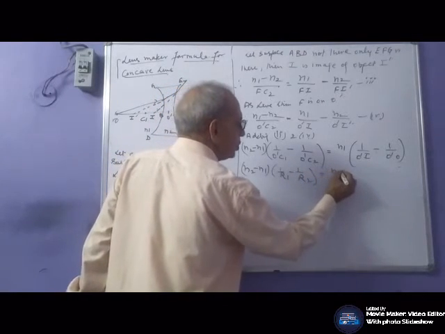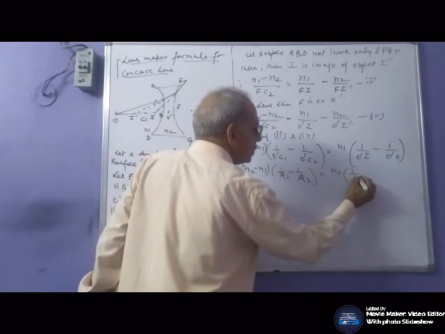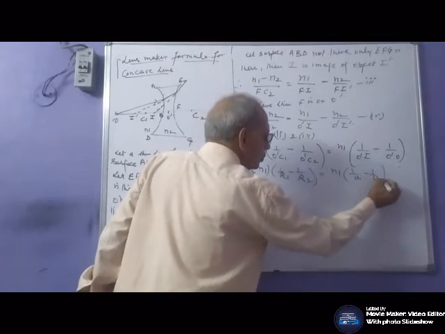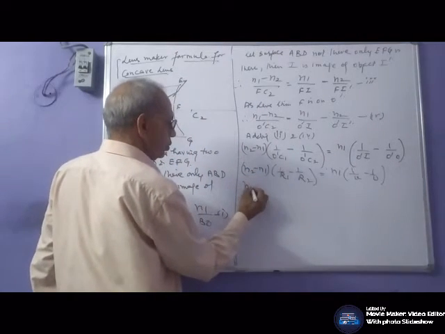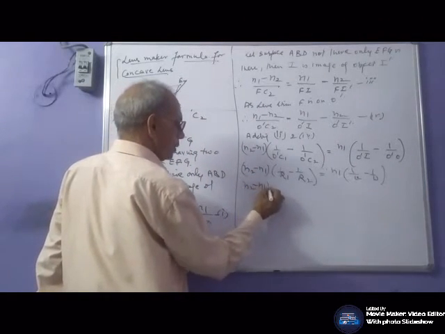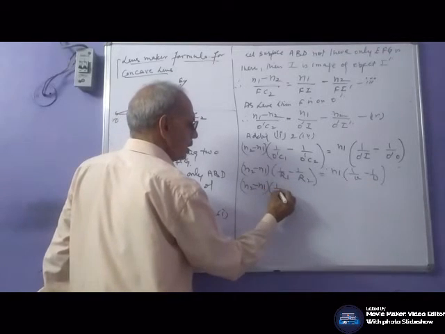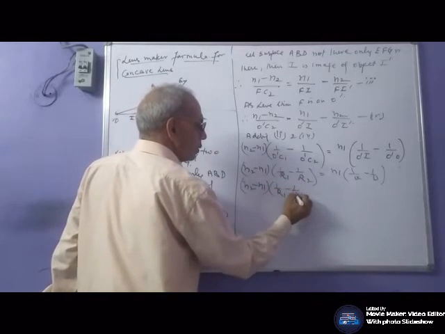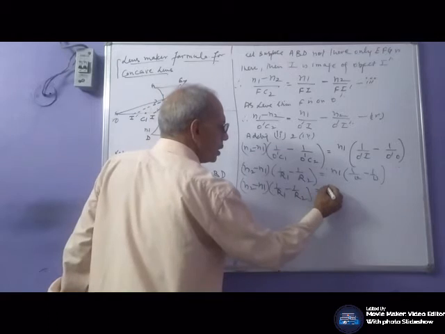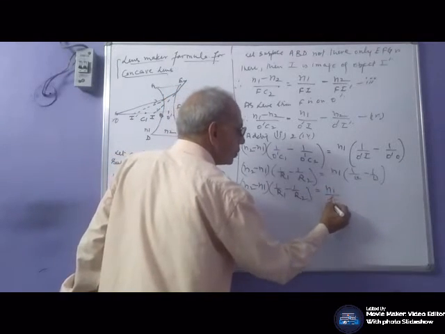It comes out to be N1 times (1 by V minus 1 by U). Or it is N2 minus N1 times (1 by R1 minus 1 by R2) equals N1 by F.